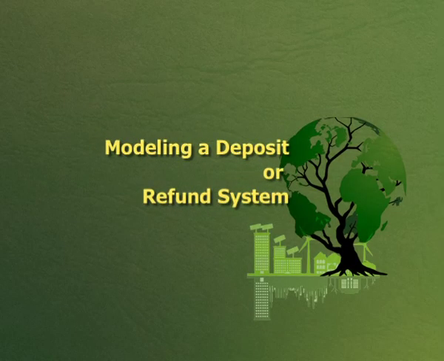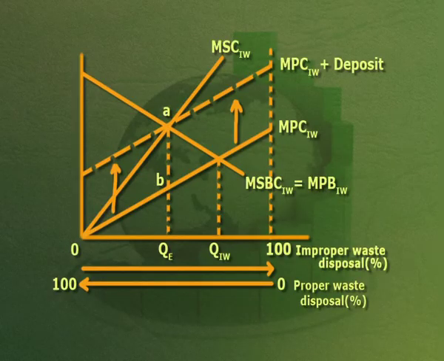Modeling a deposit or refund system. A model of a deposit or refund system can be explained diagrammatically. In the given diagram, the improper waste disposal IW is measured on the horizontal axis while the cost is measured on the vertical axis.